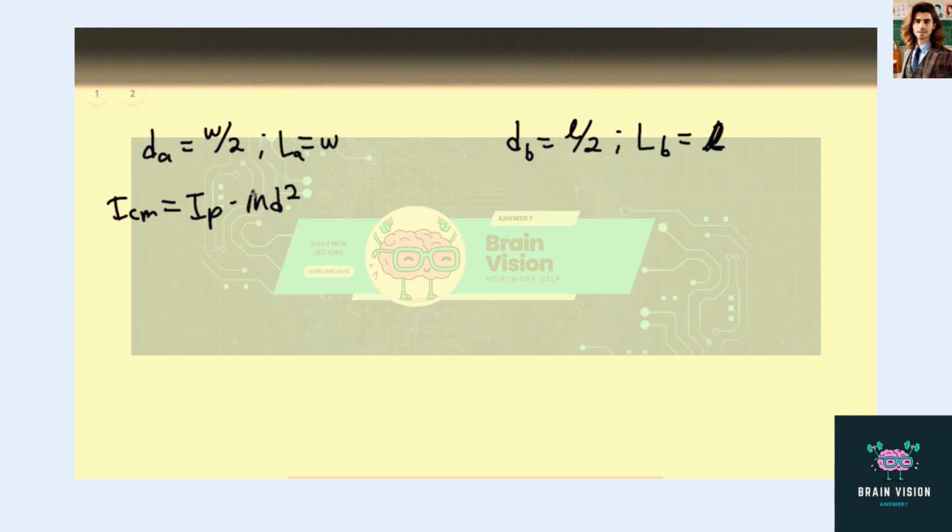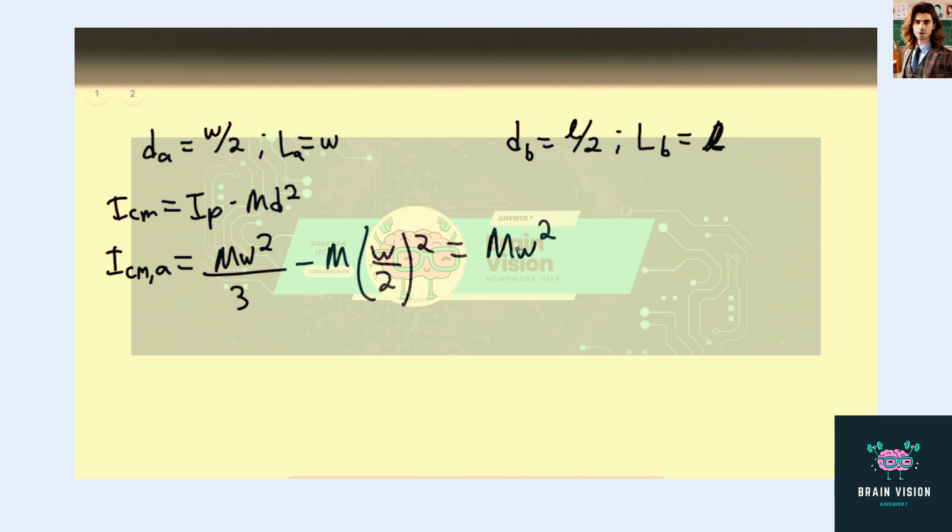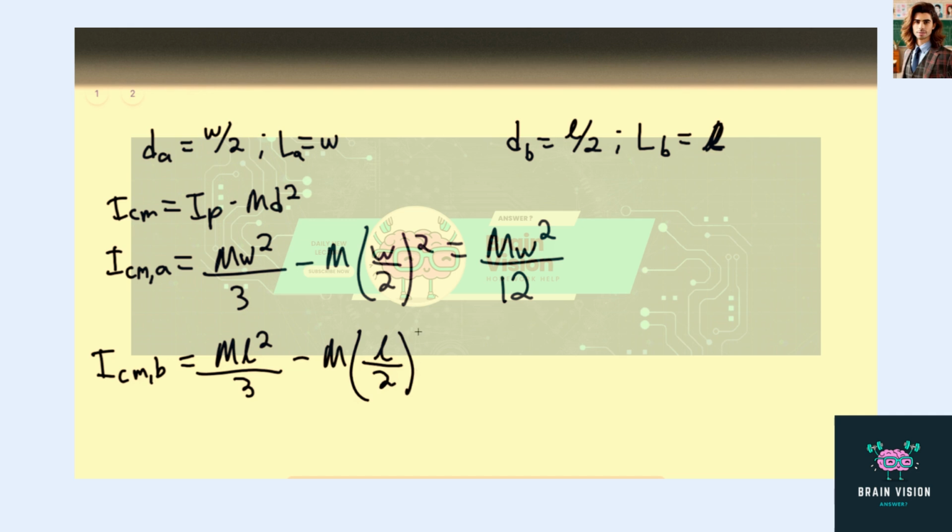At this point, we can say that ICM of A will equal mw squared over 3 minus m times w over 2 squared, which is mw squared over 12. Again, w denotes width. And ICM of B would equal ml squared over 3 minus m times l over 2 squared, and this is going to equal ml squared over 12.